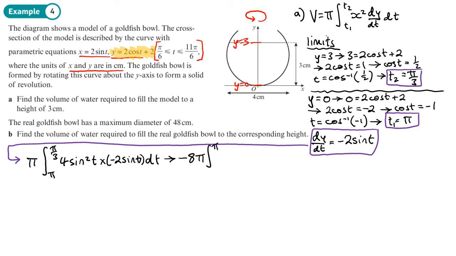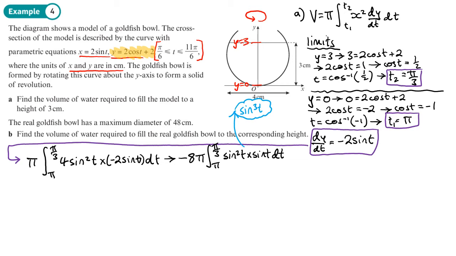So pi over 3 to pi, and then we've got sine squared t times sine t. Now I could write this as sine cubed t, but to integrate it, I'd split it back up into sine squared times sine.